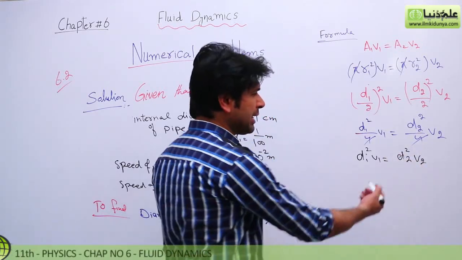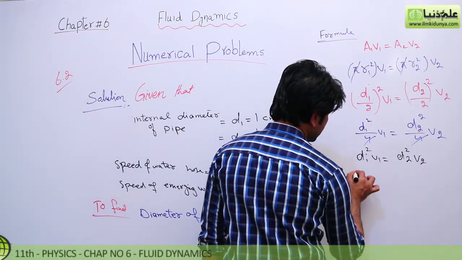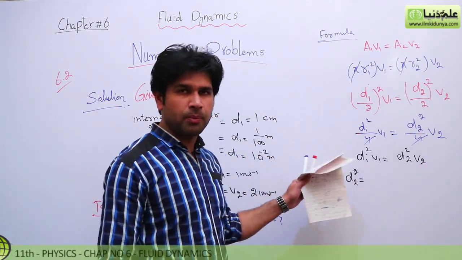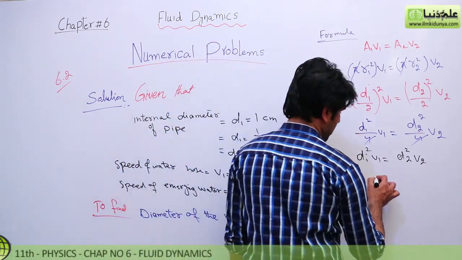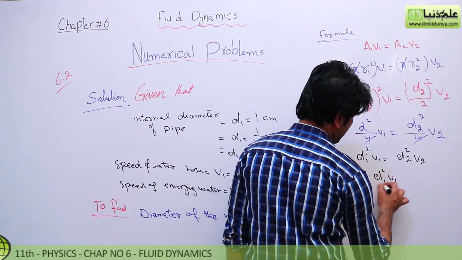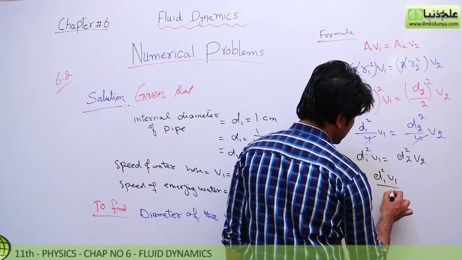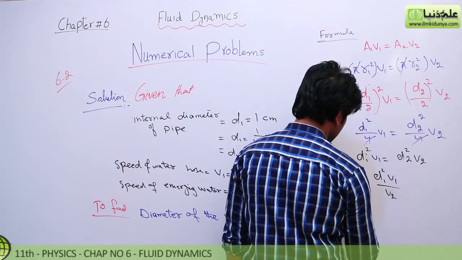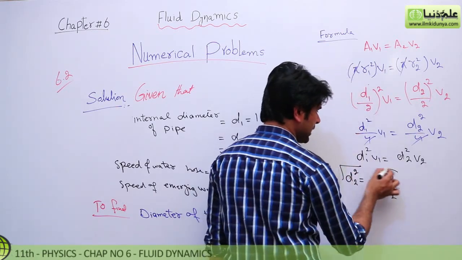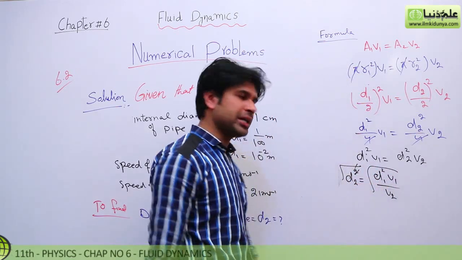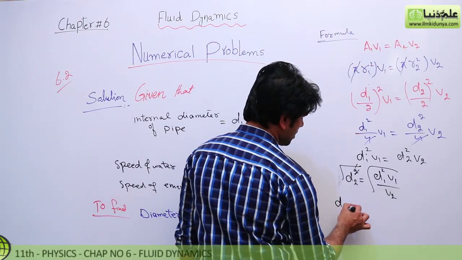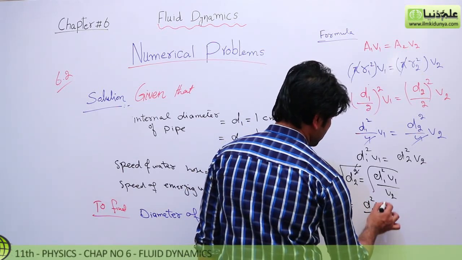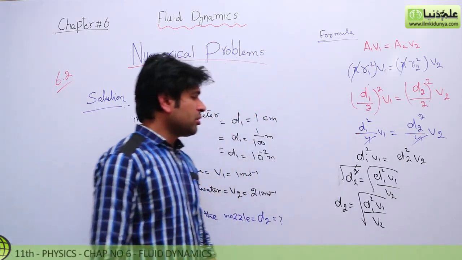Students, we are asked to find out the D2, which is the diameter of the nozzle. So by rearranging this equation, we will have D2 square equals D1 square V1 over V2, where V2 is the velocity of the emerging water. By taking the root on both sides, the root cancels the square, and D2 is given as the square root of D1 square V1 over V2.